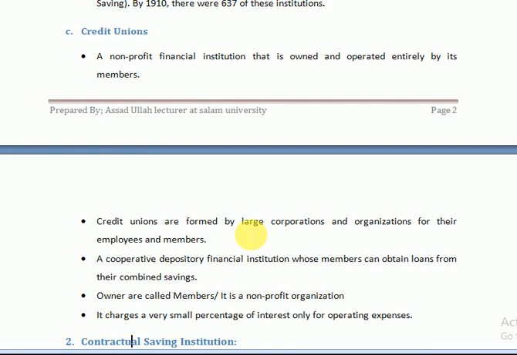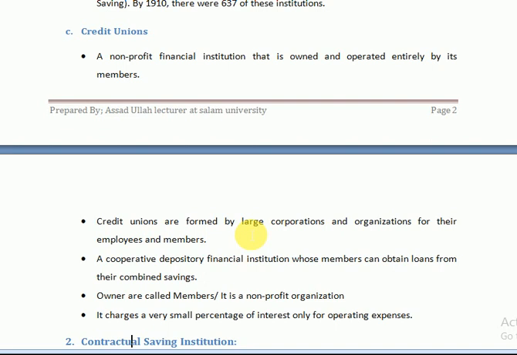The credit union members are employees of particular firms. They acquire funds from deposits called shares, and make consumer loans.